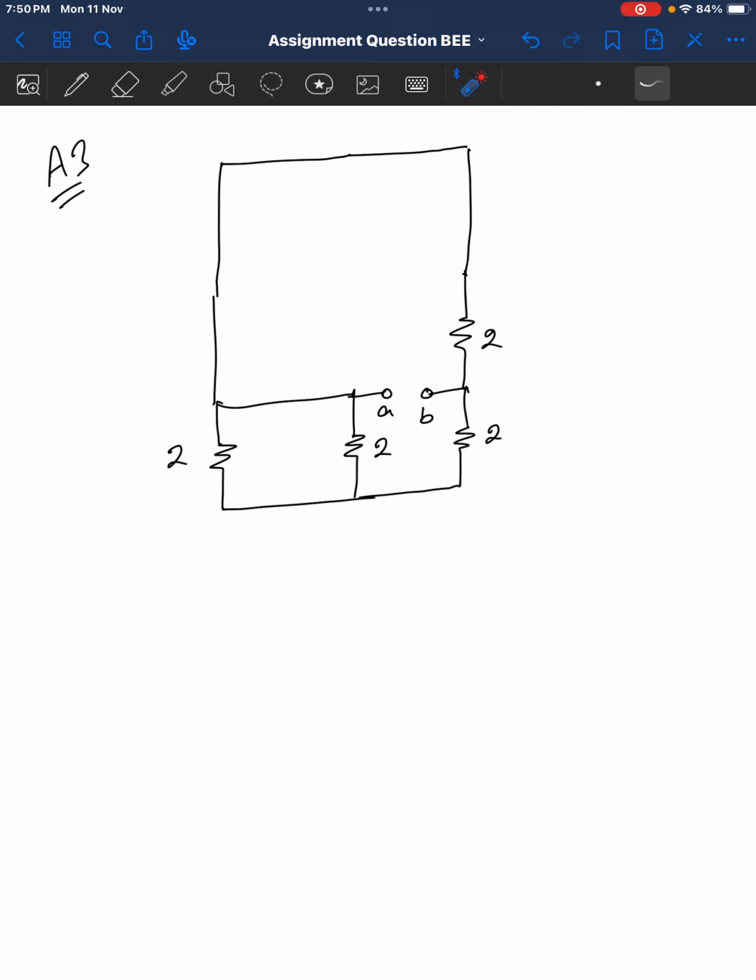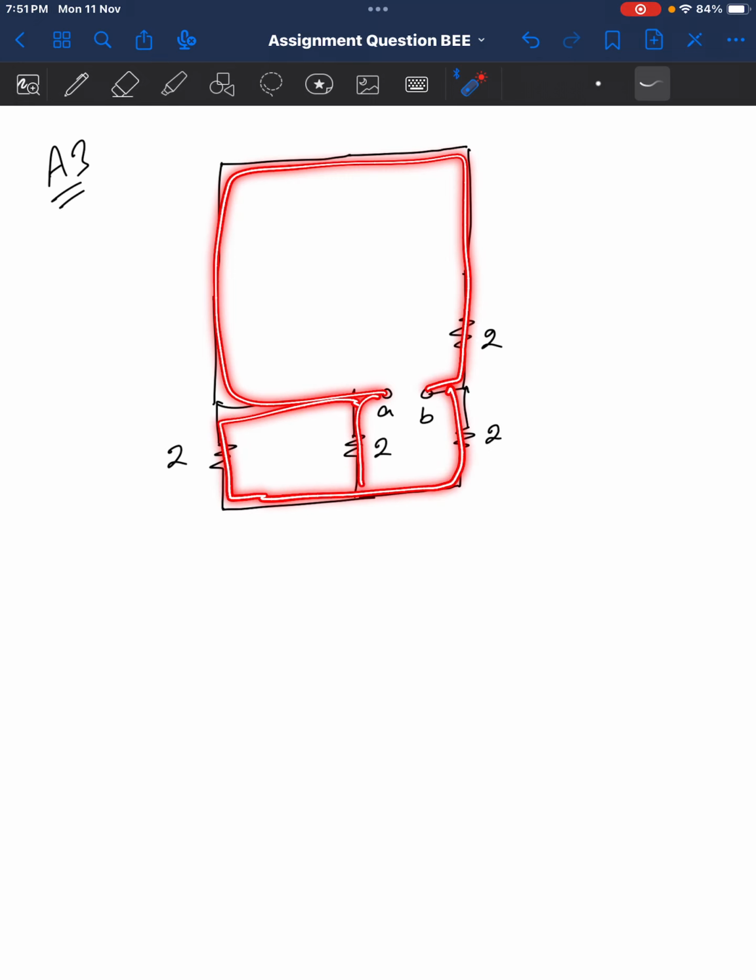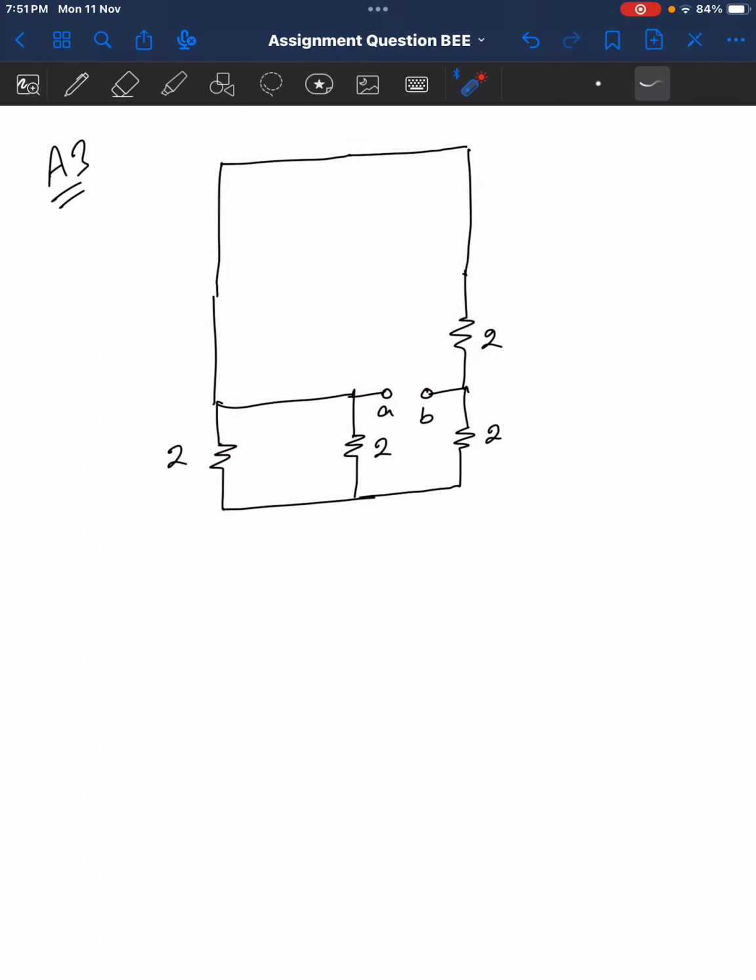So I have got one option like this, another option over here, and a third option like this. Out of these, two are in parallel, confirm. What we can do is remove this and redraw that this is connected over here. Also we can remove this and say that this is connected over here. So these two are in parallel.